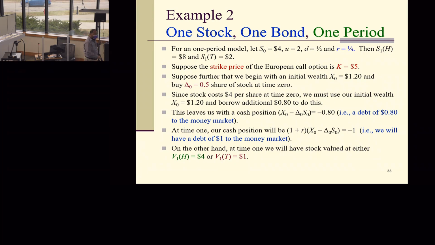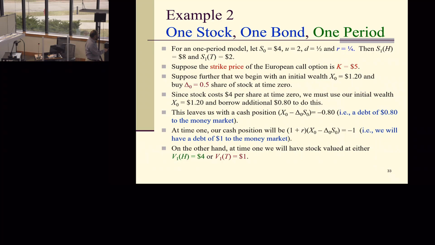And here, r is the interest rate. For example, the interest rate is 1/4 of what you borrow. It's pretty steep, but it helps us illustrate the concept once more. After 1 period, the stock could end up at $8 or $2, either way.